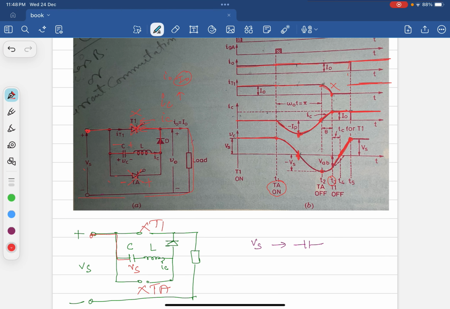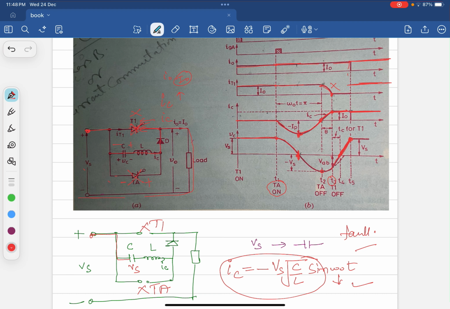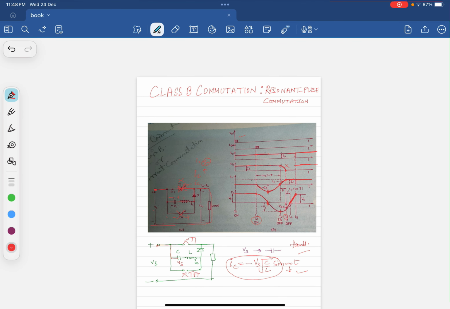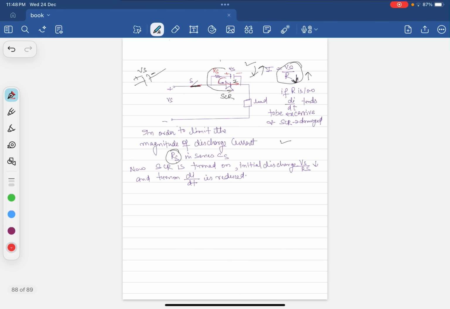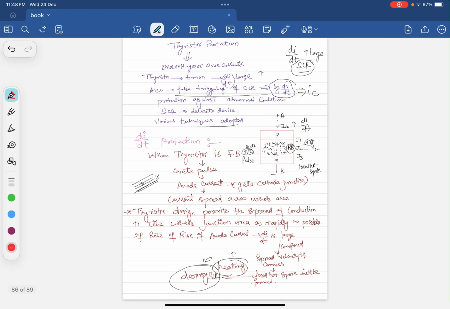Now what we have discussed is the charging current IC. What is the charging current? As we have already discussed, it is minus Vs under root C by L sine omega t, where omega naught is the resonant frequency. This is of the tank circuit value, where we applied KVL in the previous class, as you can see here.